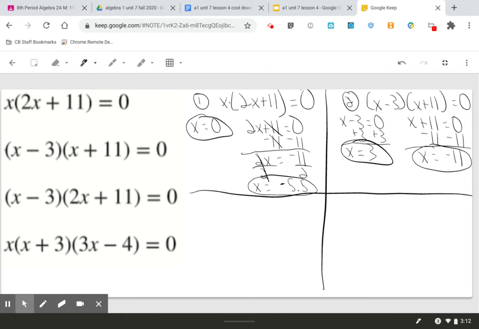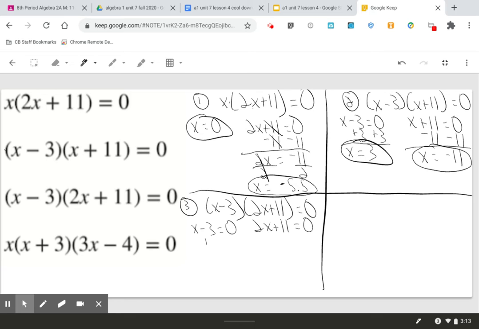The third one, we have x minus 3 times 2x plus 11 equals 0. Again, I could do the same exact thing. So x minus 3 equals 0, 2x plus 11 equals 0, and solve both of them for x.